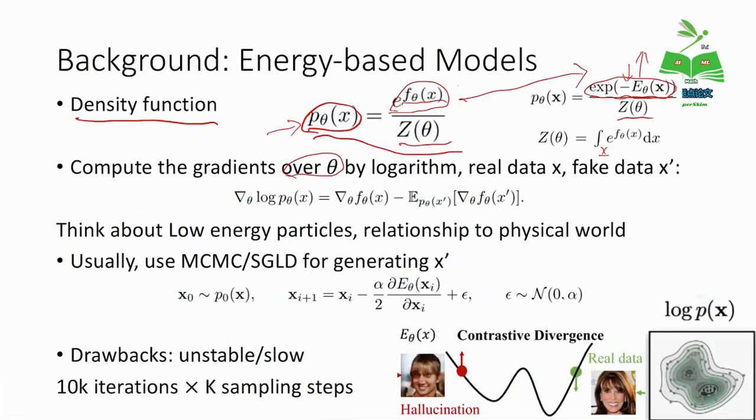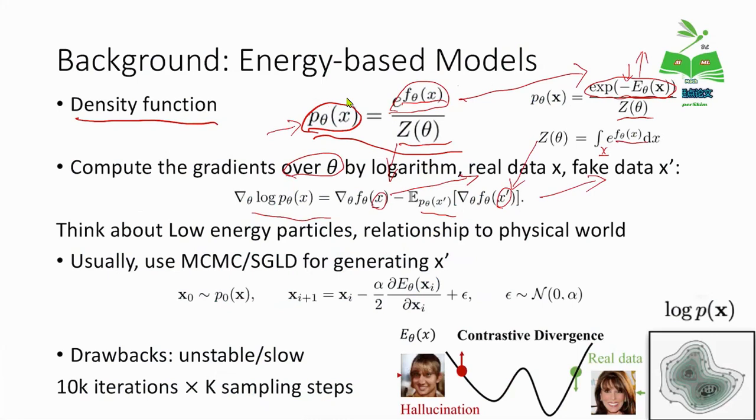We first take the logarithm and take the gradient, and we can easily derive this, because the numerator is simple and the denominator is just the integration of the distribution p theta of x. We call x prime the fake data, and here x is the real data.